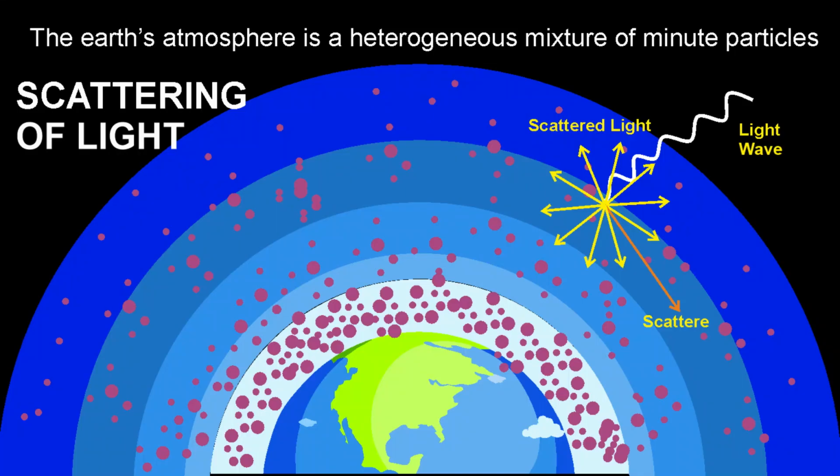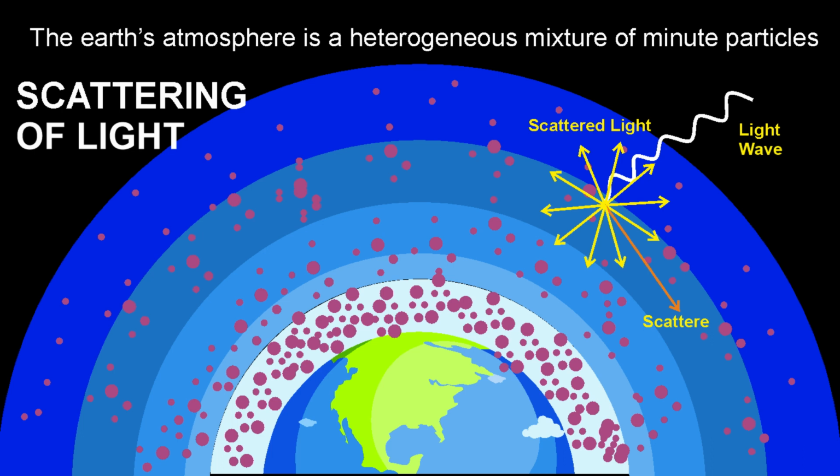The Earth's atmosphere is a heterogeneous mixture of minute particles. These particles include smoke, tiny water droplets, suspended particles of dust, and molecules of air. When a beam of light strikes such fine particles, the path of the beam becomes visible.